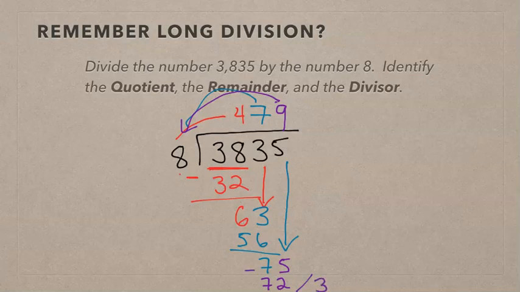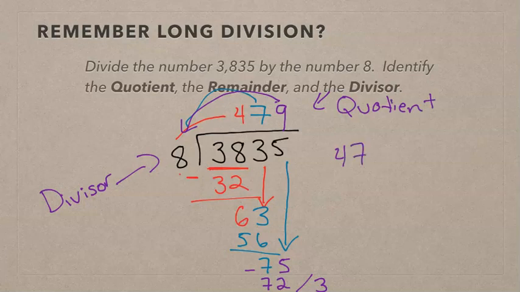All right, so we say that you have a divisor of 8. Divisor, yes. And you have a quotient. This is the quotient. Your quotient is 479, remainder 3.